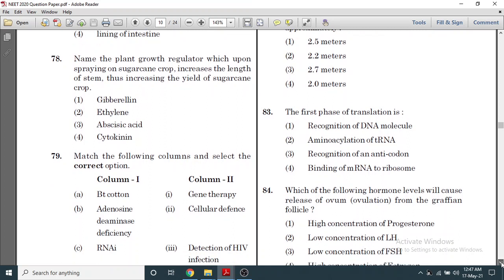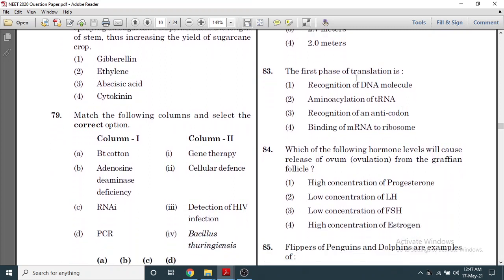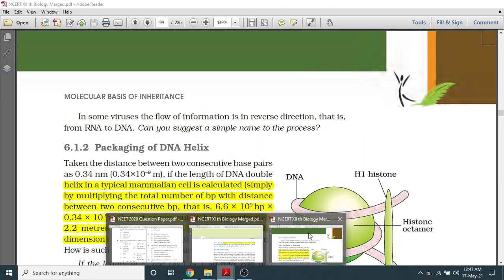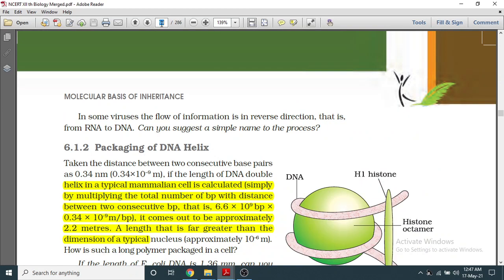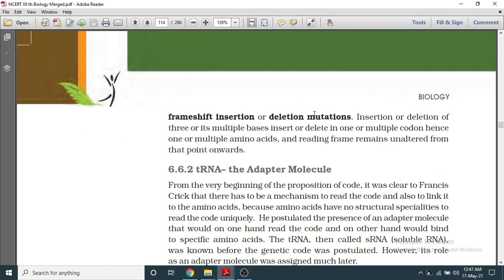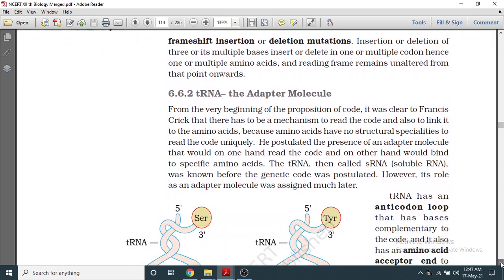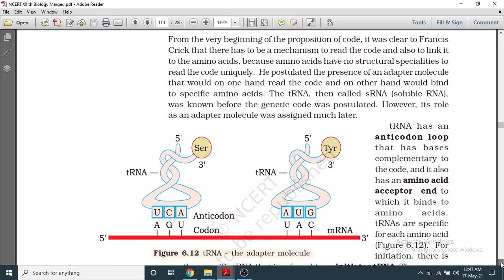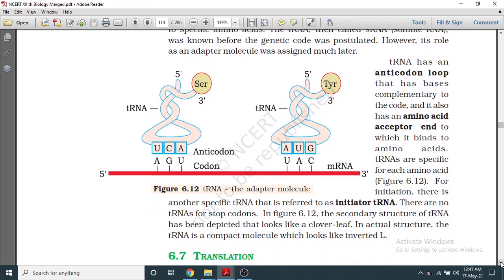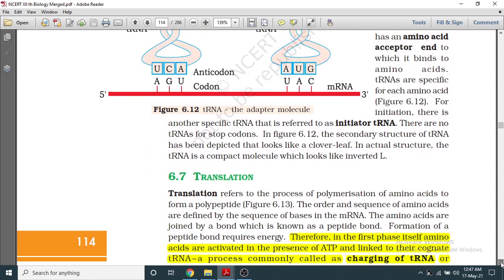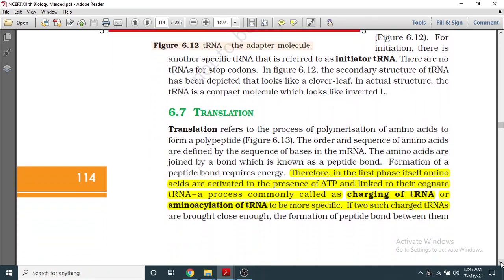The first phase of translation is. Question number 83 is from page number 114 of NCERT class 12th. The first phase of translation is the synthesis of protein. They have clearly written about the first phase of translation.